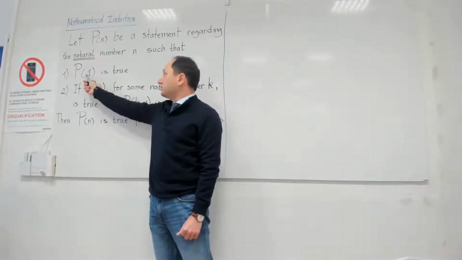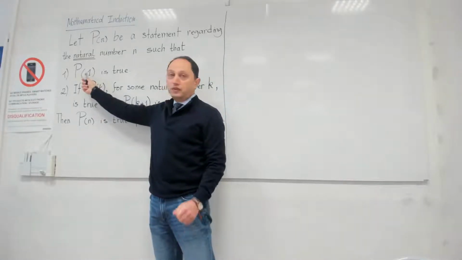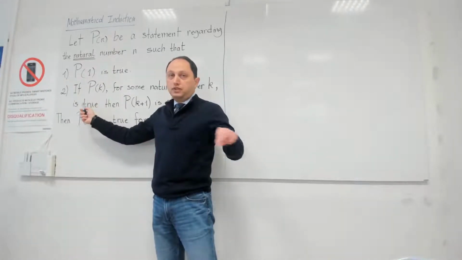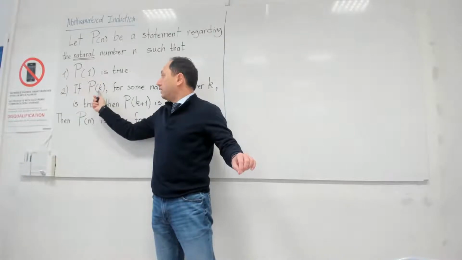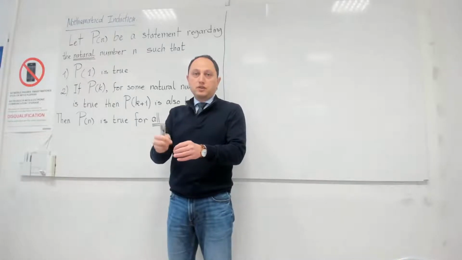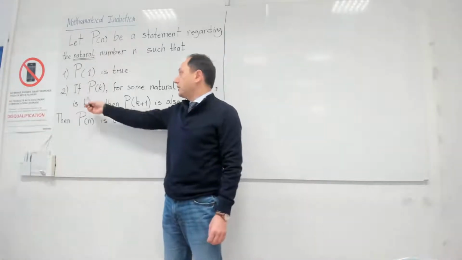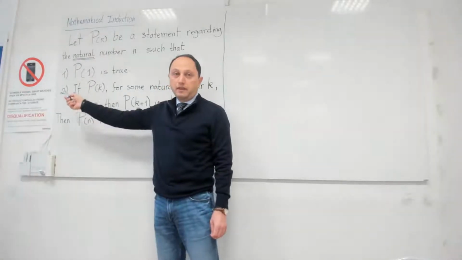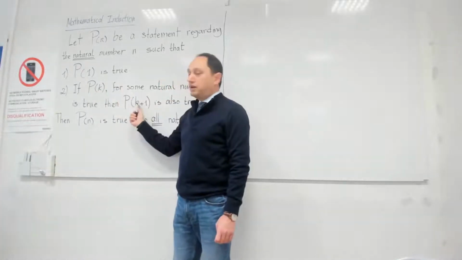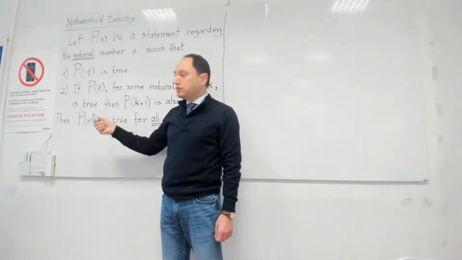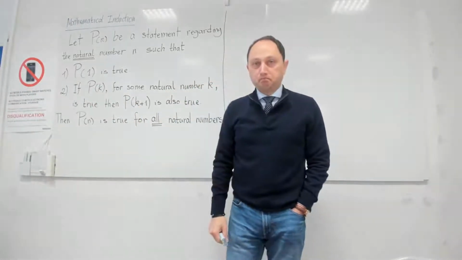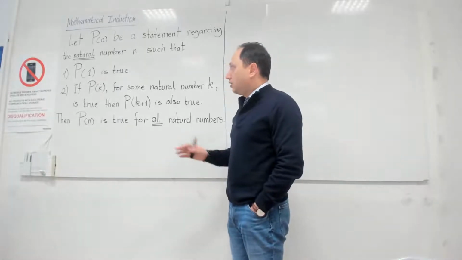We know that this is true for 1, so it means that this is true for 2. Now P2 is true, so the next one should also be true according to the second property again. Because P2 is true, you can go to P3. Now P3 is true, you can go to the next step, which means that P4 is also true. Yes? So that's the idea. I hope that the idea is clear.